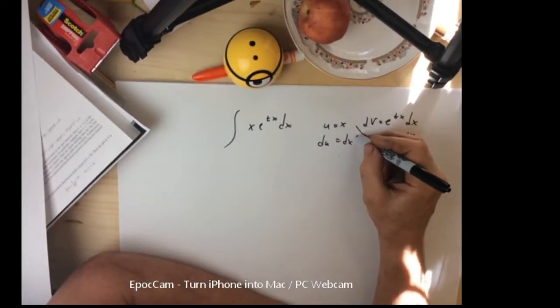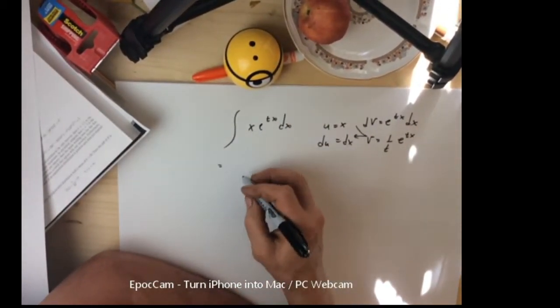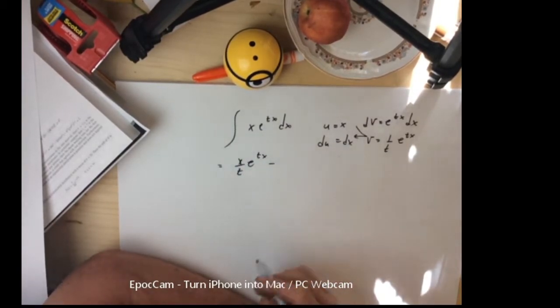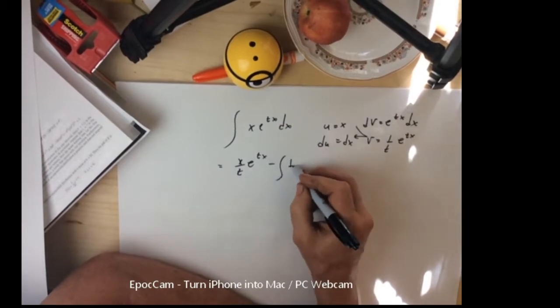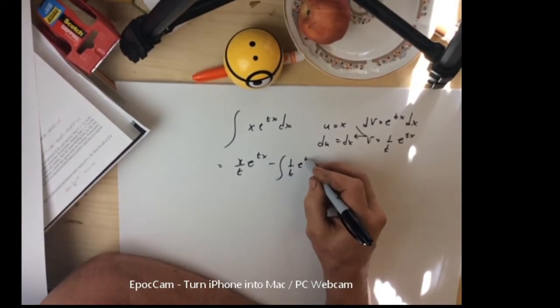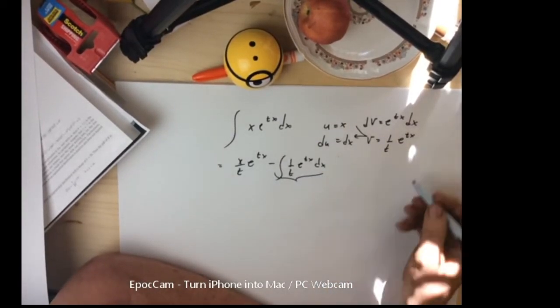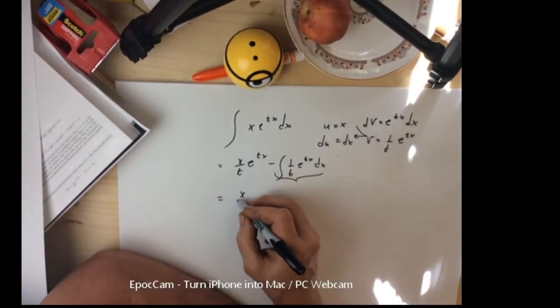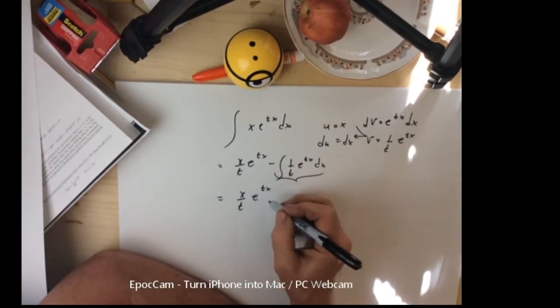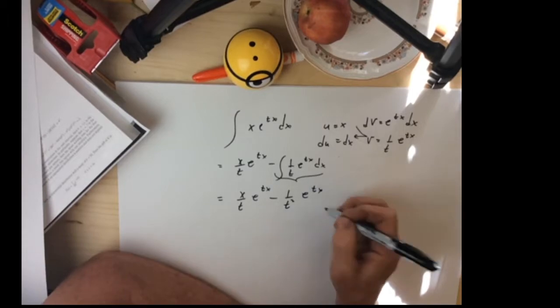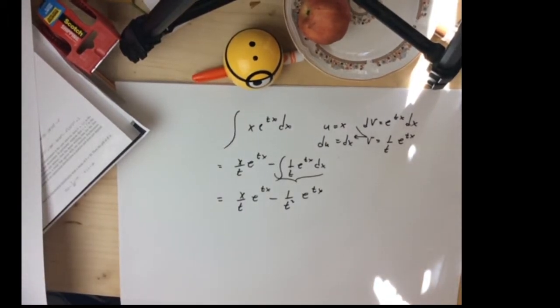So this integral then is uv, x over t e to the tx, minus the integral of v du, 1 over t e to the tx dx. But this integral we've just done once before: x over t e to the tx minus 1 over t squared e to the tx.